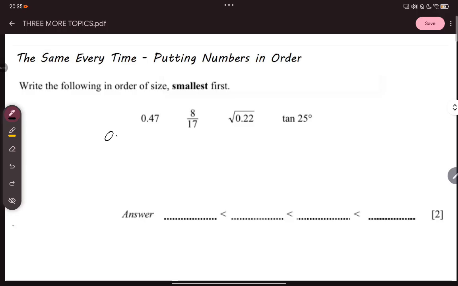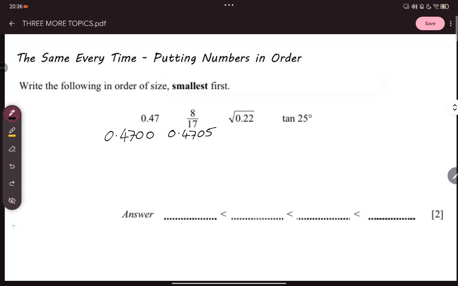So 0.47, I'm straight away going to write as 4700 because I'm likely to need more digits after the decimal point. 8/17 is 0.4705, so 4705. I'm just writing down the first four digits. I'm not properly rounding them.